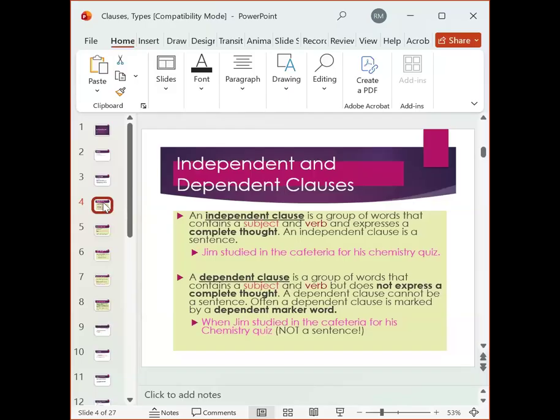So the difference between these two: we know they share the same grammatical features. There's a subject present, there's a finite verb present, but the dependent clause does not make a complete thought. Its meaning is lacking in some sort. It needs additional information or another clause for the meaning to be complete. And that is the major difference between the two types of clauses.